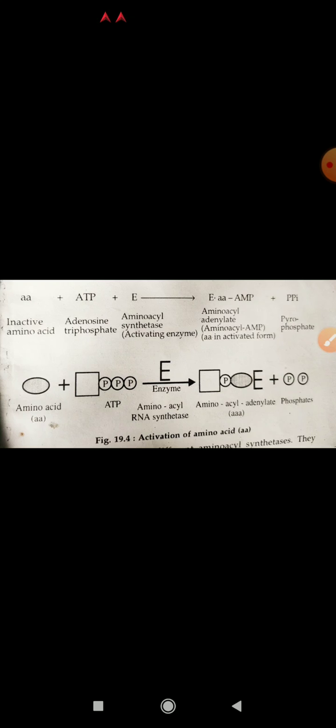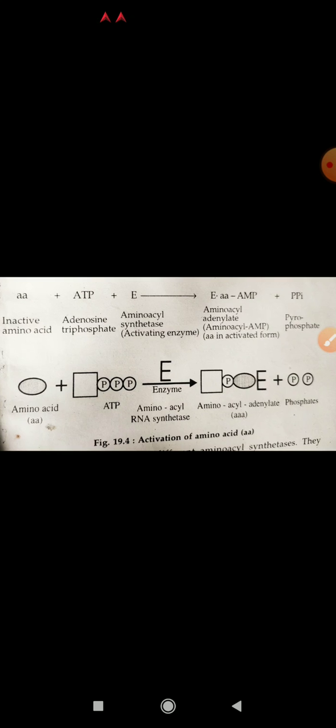So 20 different tRNAs are there to carry the amino acids, and if these amino acids are in inactivated form, they are not attached to the tRNA, and therefore each amino acid should be activated.